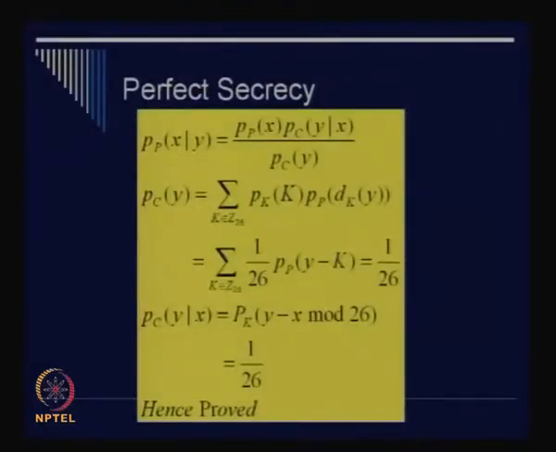So this is the mathematical formulation. It says that P(x given y), we have already seen this, is equal to P(x) multiplied with P(y given x) divided by P(y), okay. It is the same thing as what we have seen in the previous equation, right?